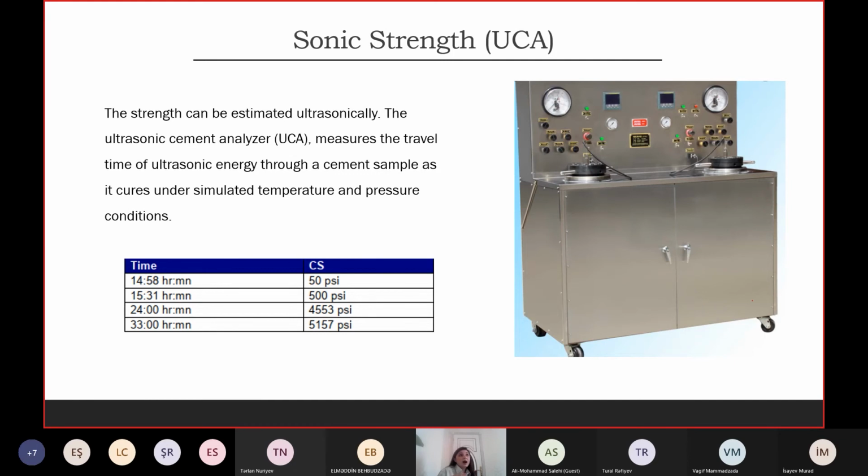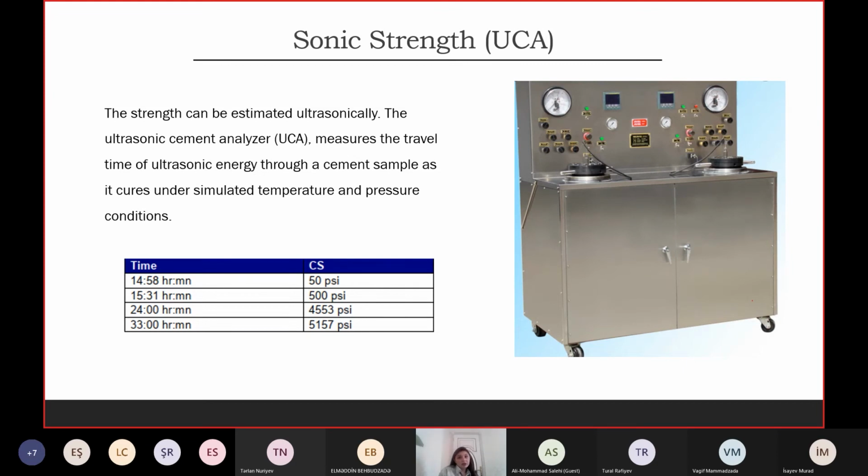And how do we define whether this strength is enough for us or not? For example, there is such a criterion that after 50 psi you can start to pressure test the cement. Okay, you will not get a problem.